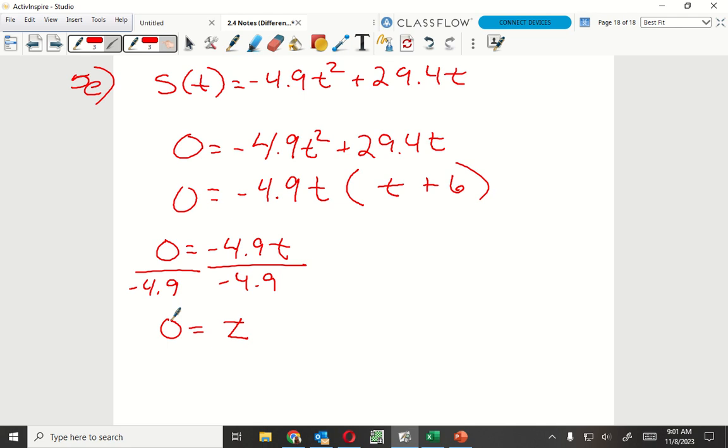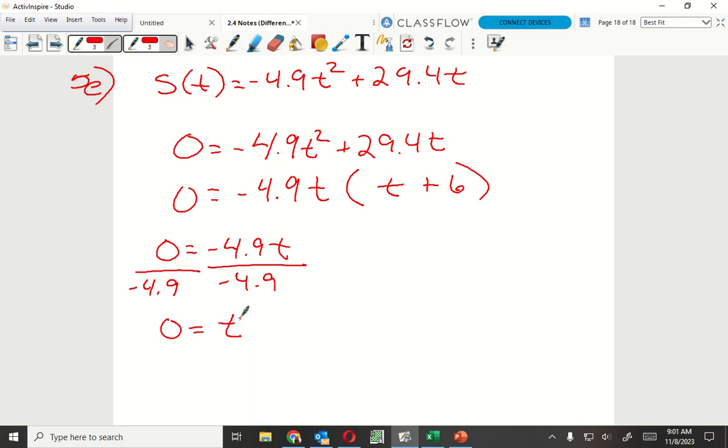That's a t. Sorry. I cross my t's weird. So t is equal to 0. That's my starting point because I knew it started on the ground.